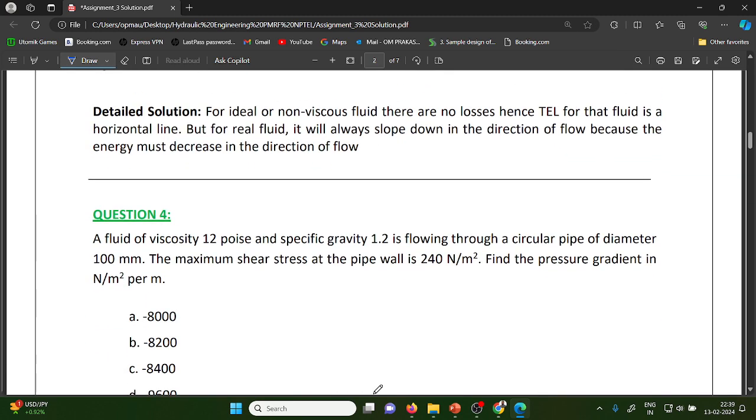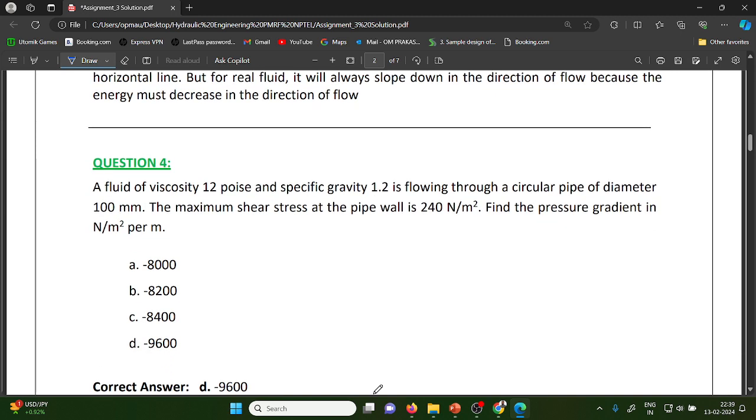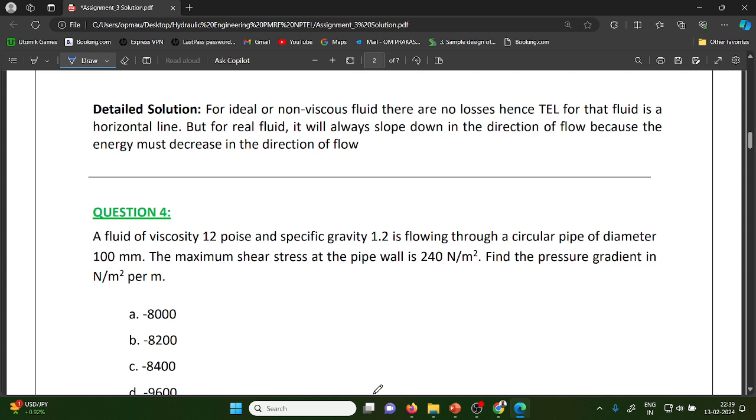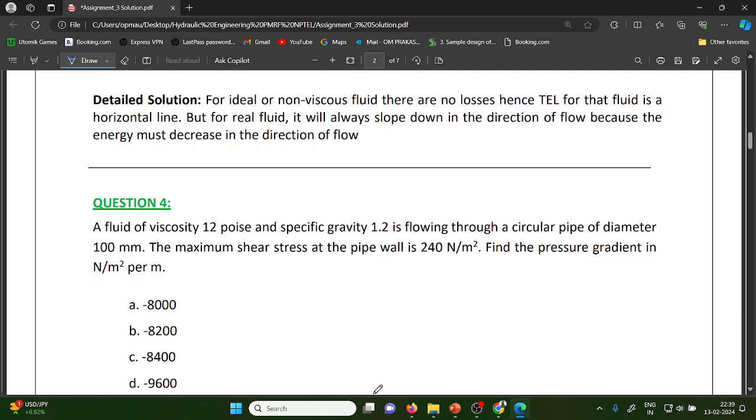Question 4 is what? Okay, answer is this, but how will we calculate? This is very important. A fluid of viscosity 12 poise and specific gravity 1.2 is flowing through a circular pipe of diameter 100 mm. The maximum shear stress at the pipe wall is 240 Newton per meter square.